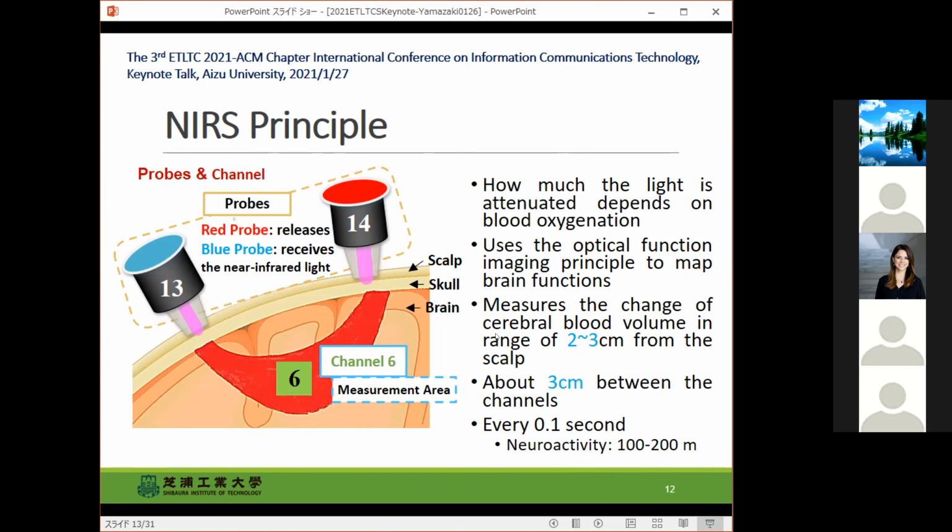NIRS measures changes of blood volume in the range of 2 to 3 centimeters from the scalp. So it only measures the surface of the area. The channels are about 3 centimeters apart. And it measures every 0.1 second.